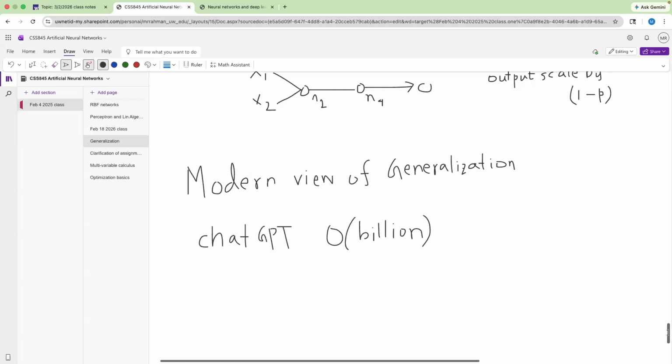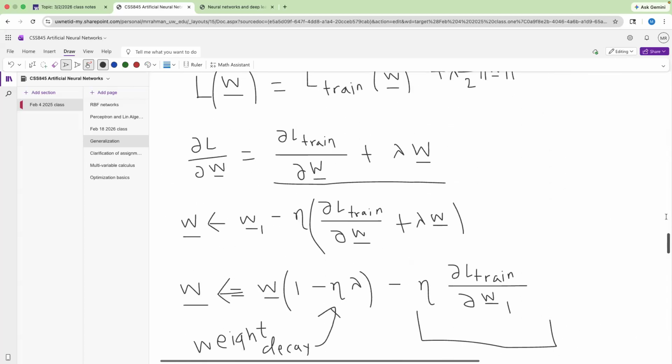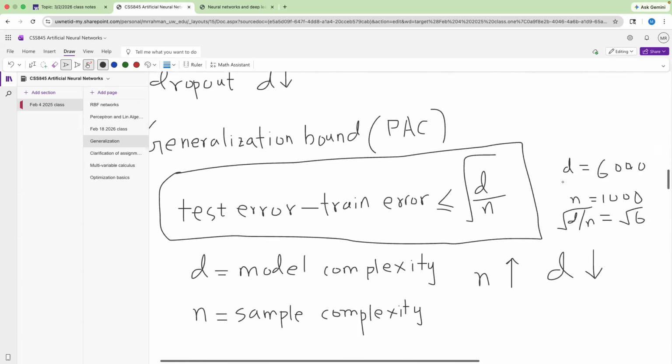The classical theory says that if D is the number of parameters, and I put in 1 billion for D, and N is a finite number of inputs, then we should get horrible performance, right? Because D is extremely large, so this gap would be huge. Classically, a large language model like ChatGPT should not be able to generalize.